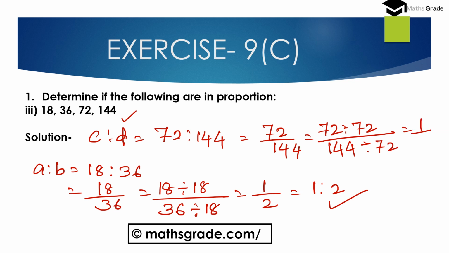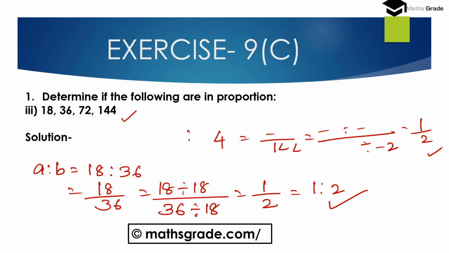We get 1 divided by 2, that is 1 is to 2. So we get A is to B is 1 is to 2 and C is to D is also 1 is to 2. Both are equal.